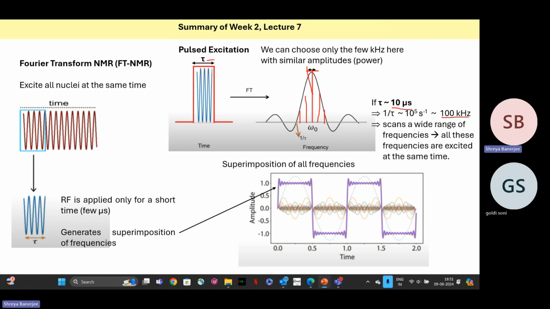So the range has increased significantly and the time has also decreased significantly. From 16 minutes, it has only become 10 microseconds. So the entire range of 100 kilohertz of frequencies are excited at the same time. So you are exciting all the nuclei at the same time. That is another advantage of the Fourier transform method.